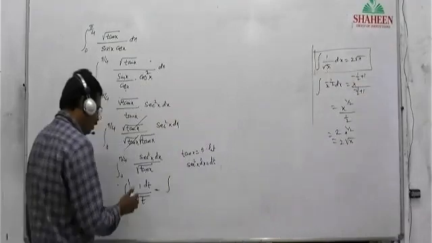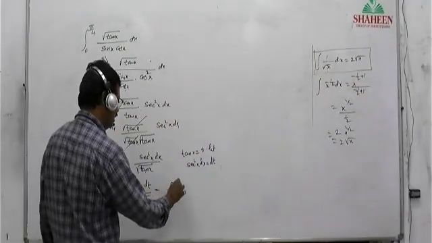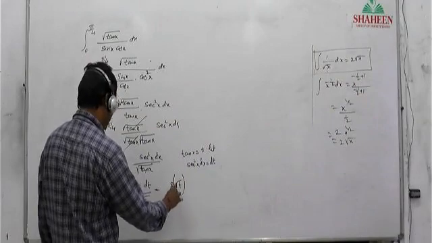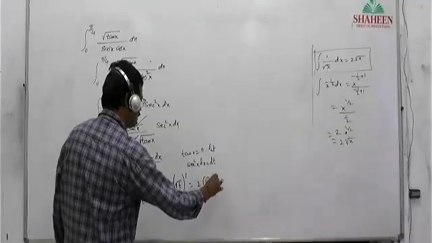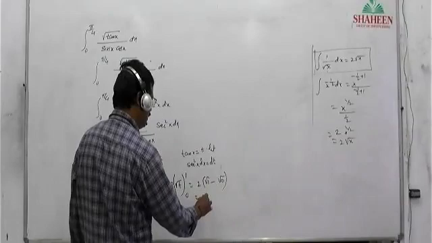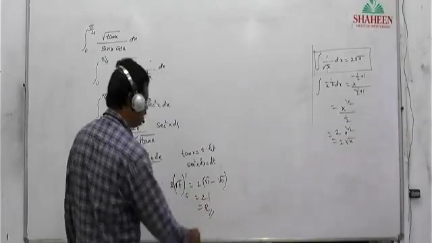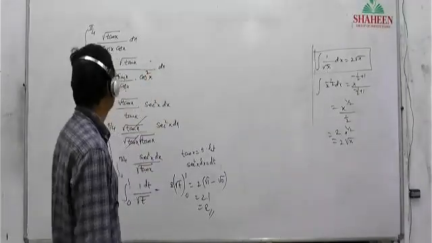Now, 1 by root t integral is 2 root t. Apply the limits from 0 to 1. Keep the upper limit root 1 minus the lower limit 0. 2 into root 1 is 1, 2 into 1 is 2. Is it okay, all of you? Very simple problem. Okay.